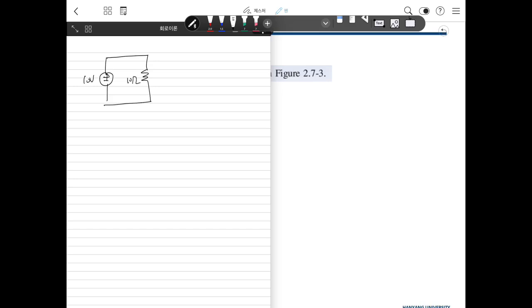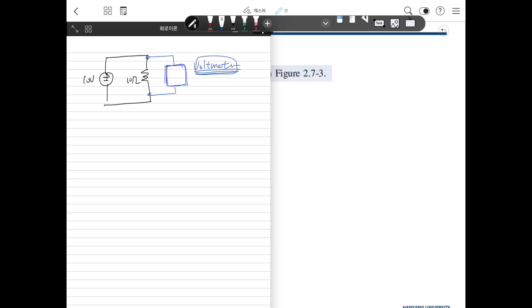Then we want to measure the voltage between here and here, so we add a device here. This is a voltmeter. It is not an element that generates any power in the circuit. It is a measurement unit, so it does not affect the current or voltage distribution through this circuit. It is only for measurement.